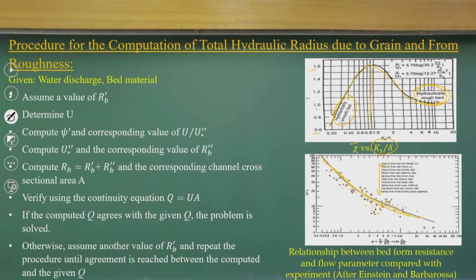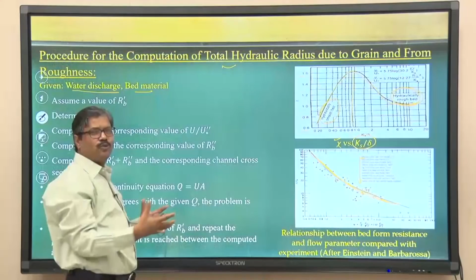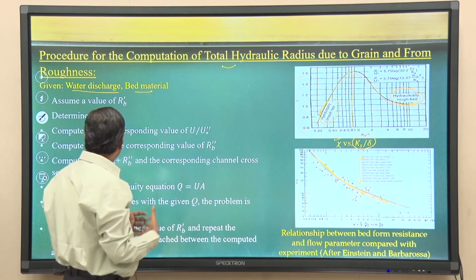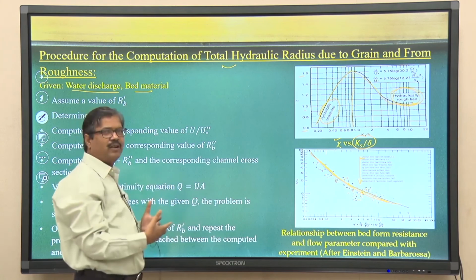And here it shows how, if a given water discharge and bed materials are there, you can compute the total hydraulic radius due to grain and form. Basically it is the same concept: we use the Einstein equations and the velocity distribution equations, and we are trying to find the discharge.